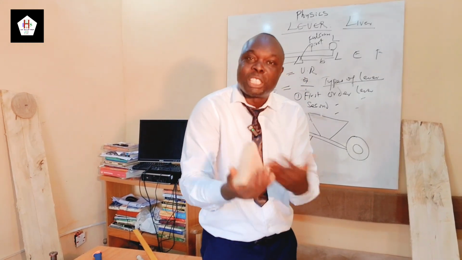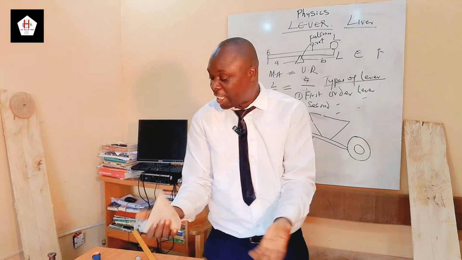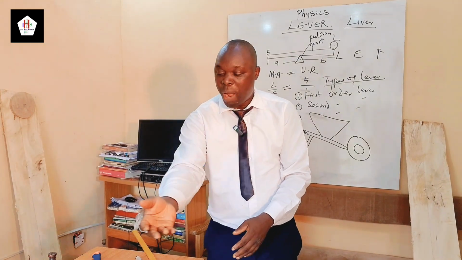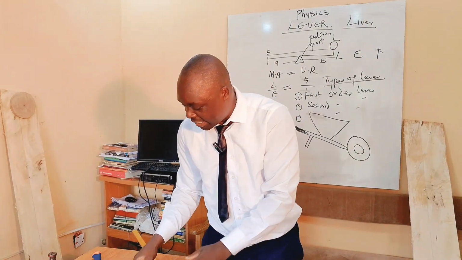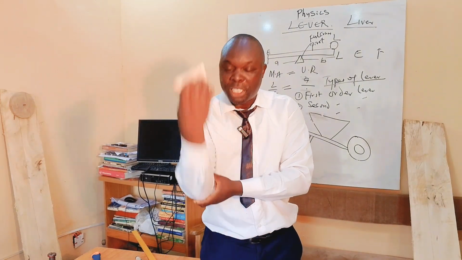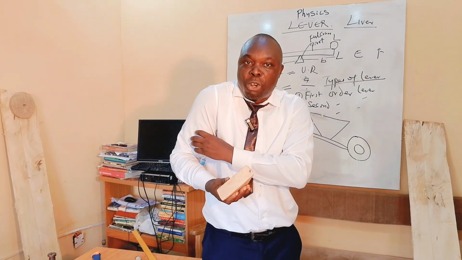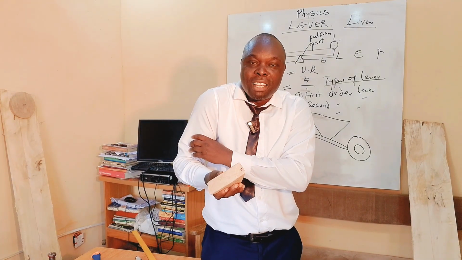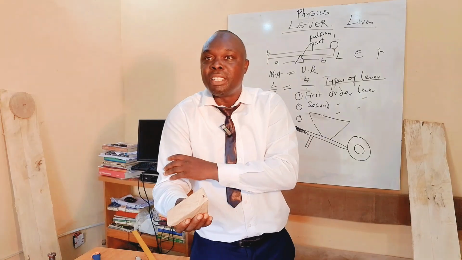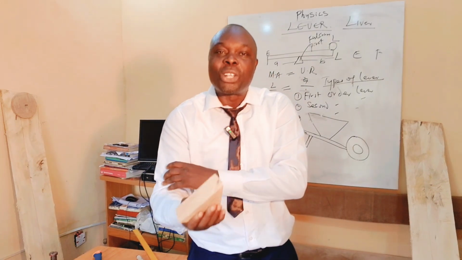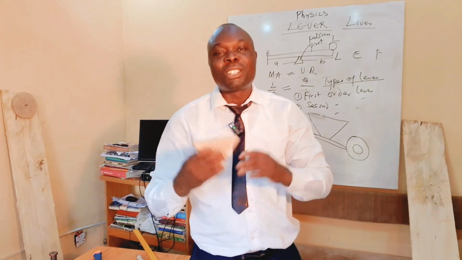So your hand is also a simple machine, because the way this one is, this is how your hand is too. This place is where you carry the load. Here, this place rotates. This is where the effort is supplied, the muscle. So the human arm is under third order lever.